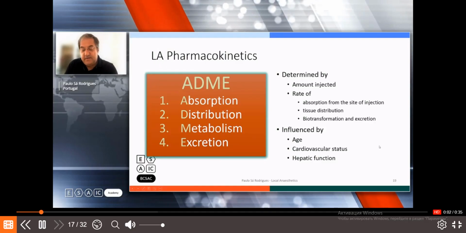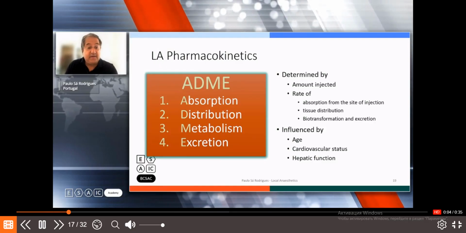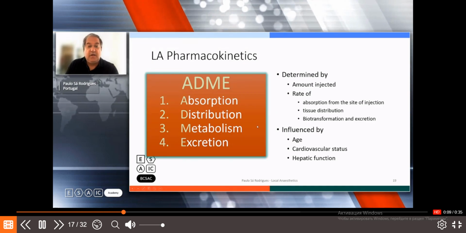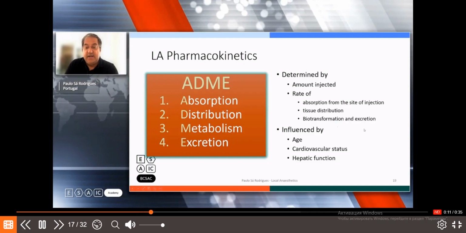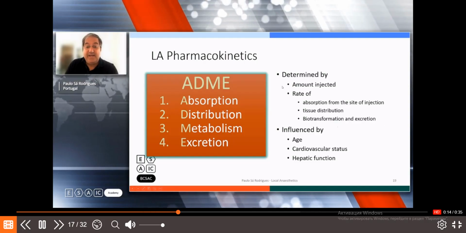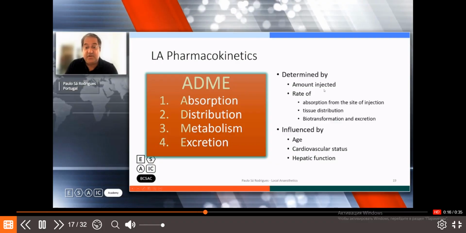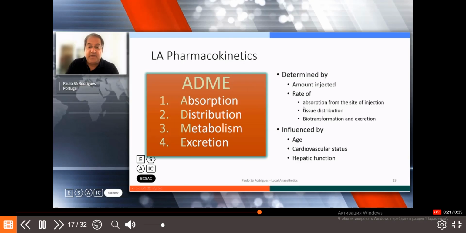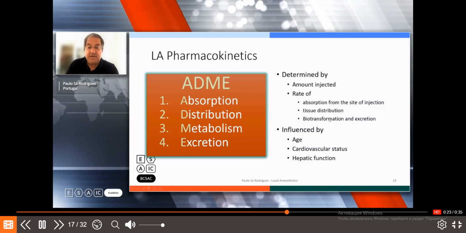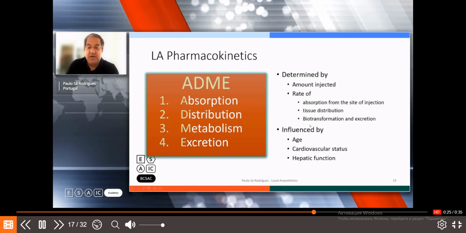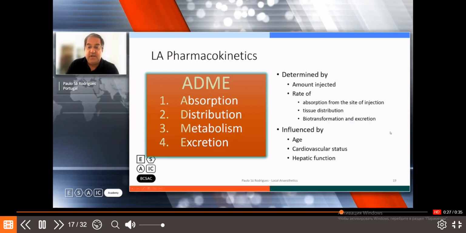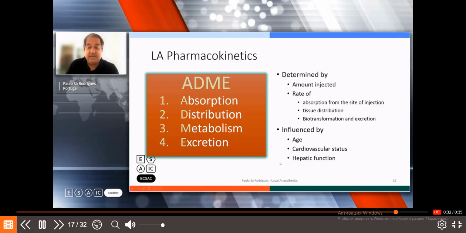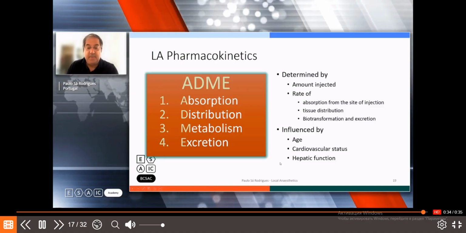Regarding pharmacokinetics, the basic characteristics of absorption, distribution, metabolism, and excretion will be determined by the amount of local anesthetic injected into the tissue or the patient, the rate of absorption from the site of injection, the tissue distribution, biotransformation, and excretion, which will be influenced by age, cardiovascular status, and hepatic function.